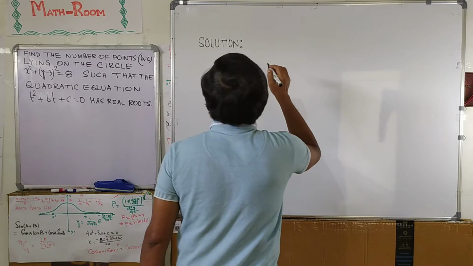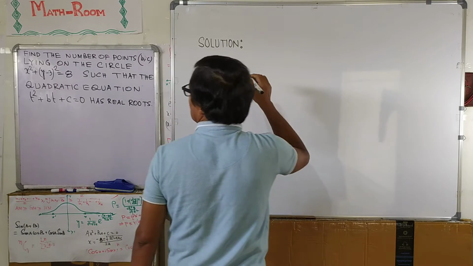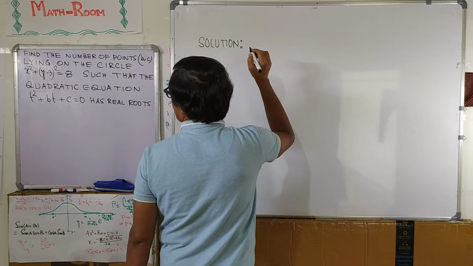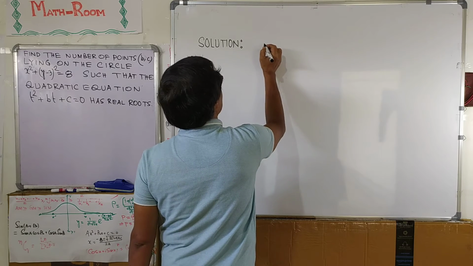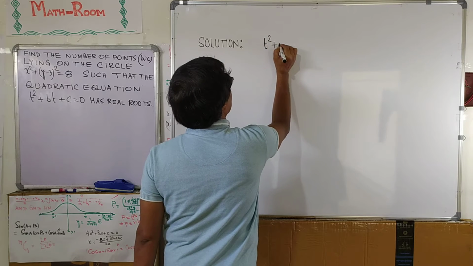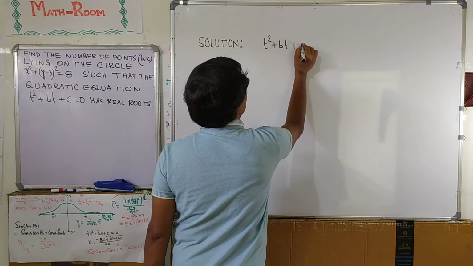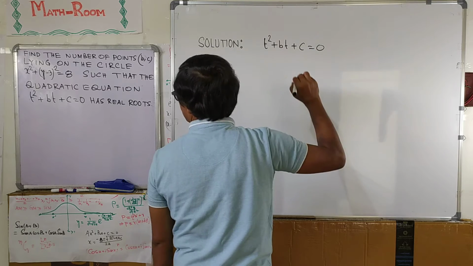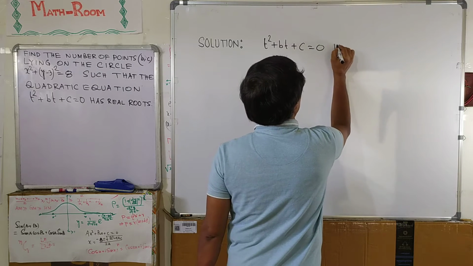Now, we write down the condition: the quadratic equation t squared plus bt plus c equals 0 has real roots.